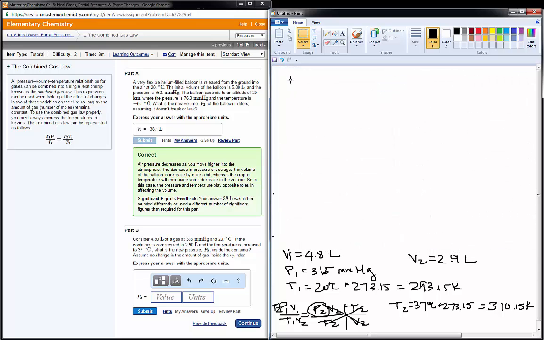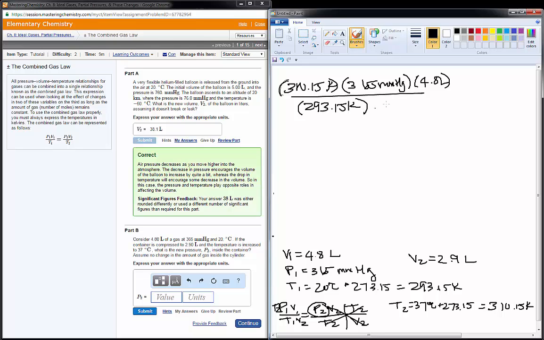So T2 is 310.15 K. P1, 365 millimeters of mercury. V1, 4.8 liters, divided by T1, 293.15 K, divided by V2, 2.9 liters.